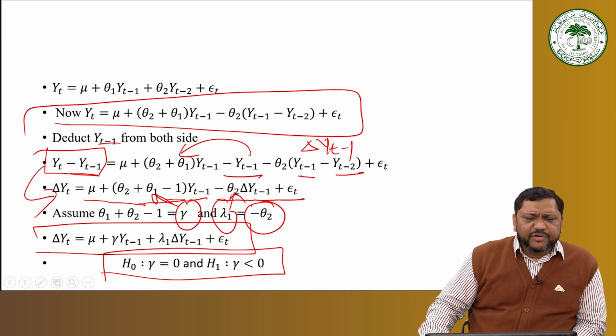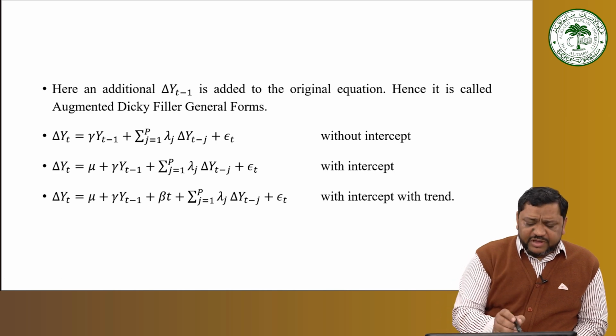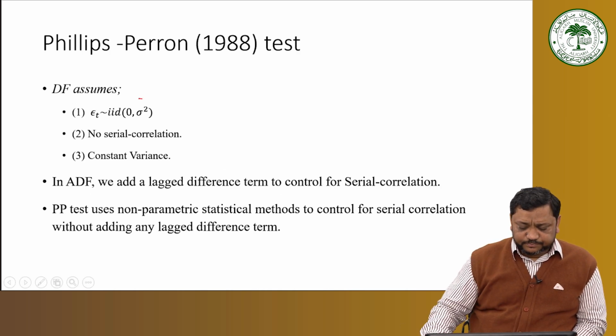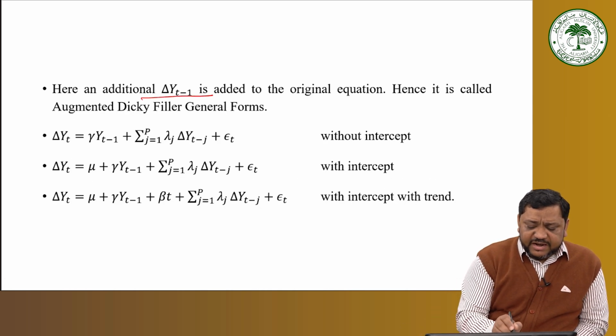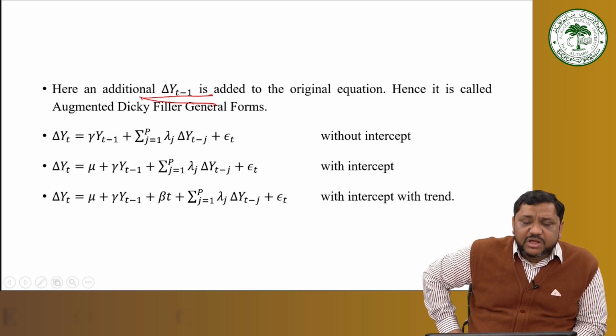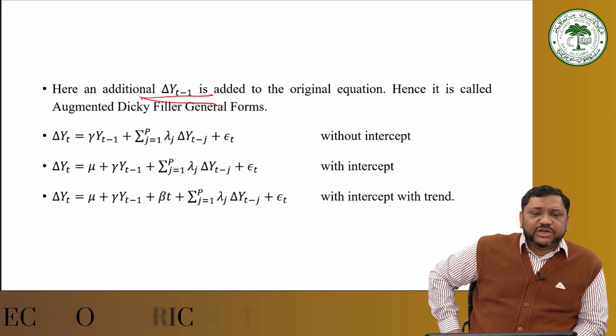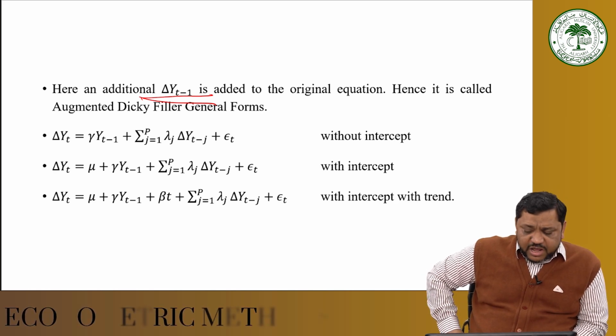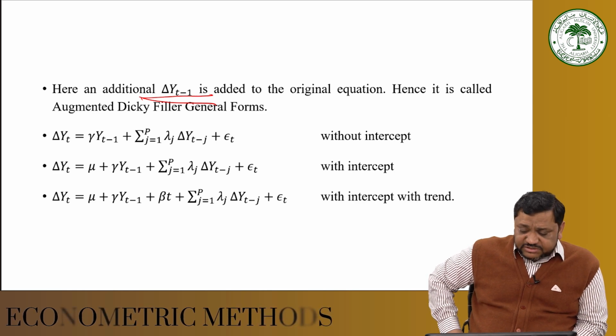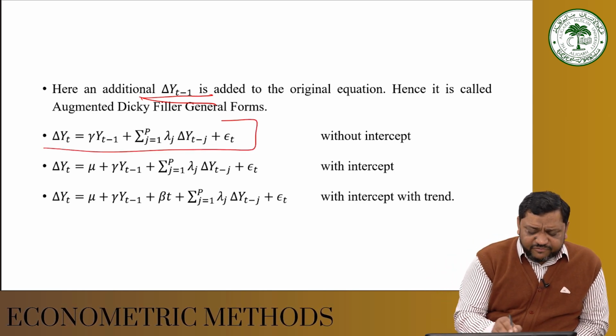In this process we have added an additional yt minus 1, because of which the original equation is modified. Now we can write this without intercept.